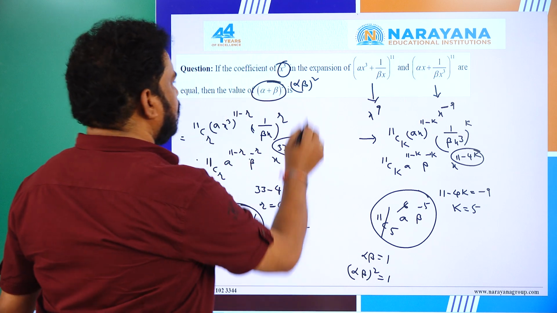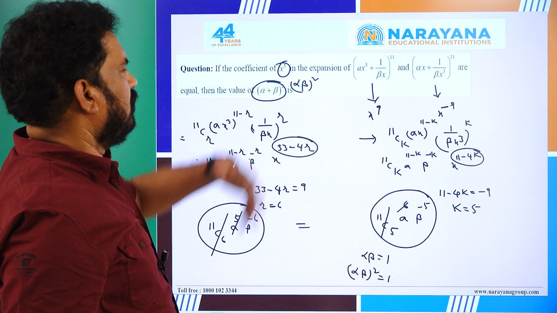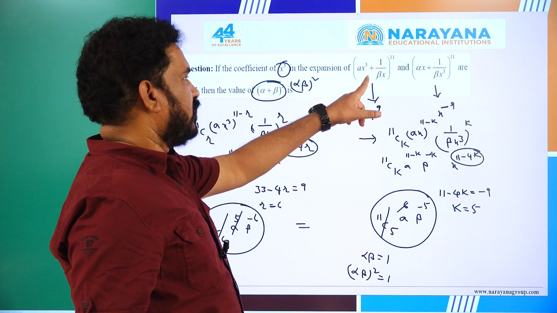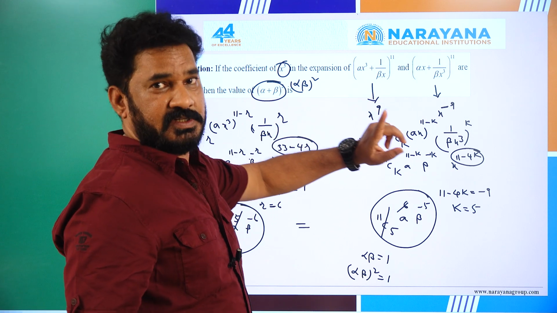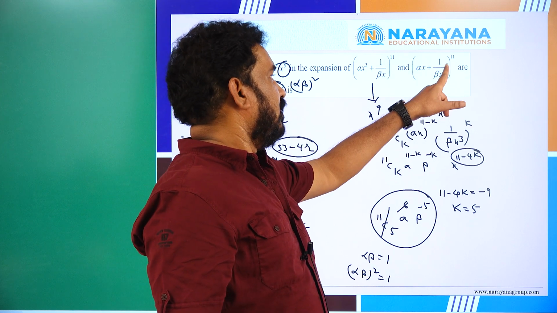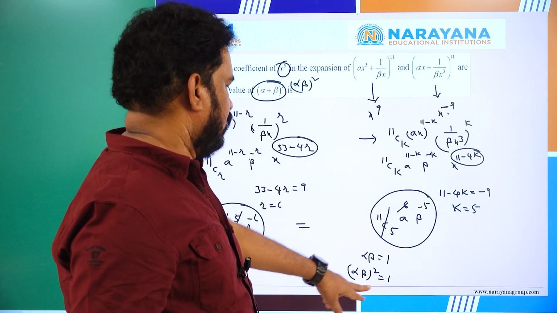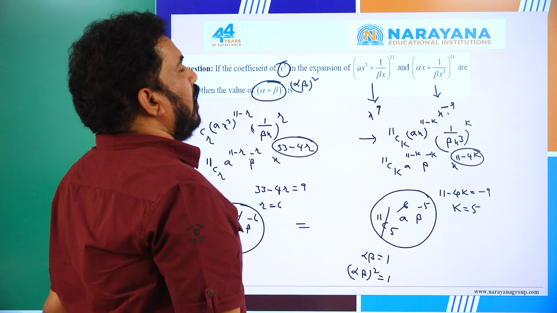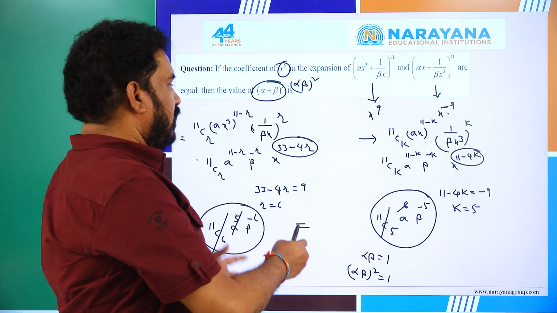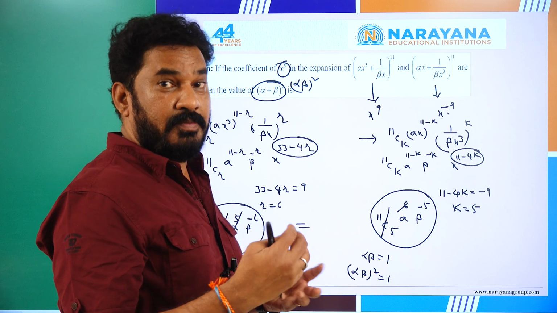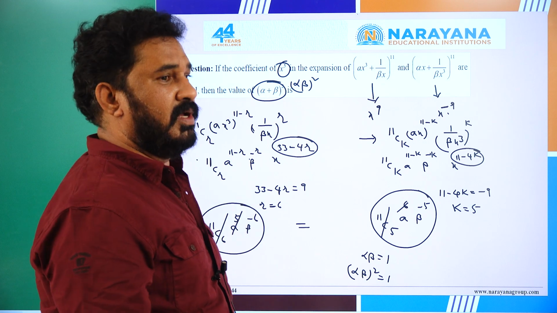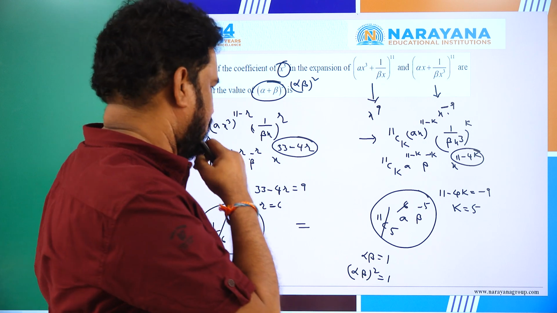Okay, so this is the question. Actually, they have given some wrong information, but this is the exact procedure. By equating the x power 9 coefficient in this expansion and the x power minus 9 coefficient in that expansion, we got alpha beta whole square equal to 1. You adopt the procedure only. Questions might be right or wrong, we don't know, because they are all memory based questions.